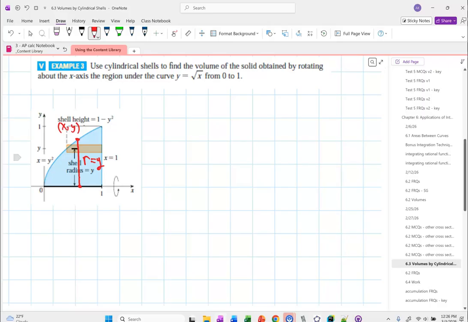Everybody agree? So what I need then, this is in the form x comma square root x. That doesn't help me. I need this in the form y comma y squared.